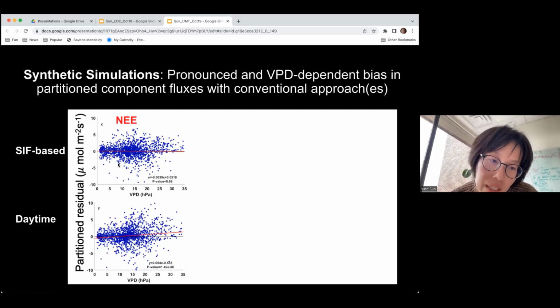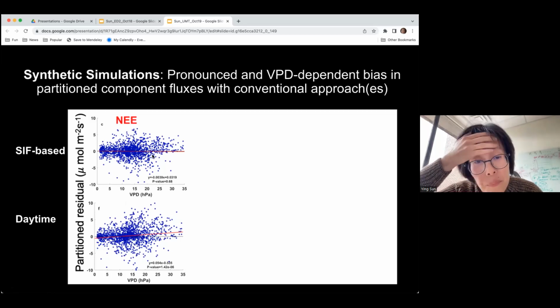This figure shows the partitioned residual for NEE. As you can see, the scatter is centered around zero, meaning there's no systematic residual bias in the NEE fitting.